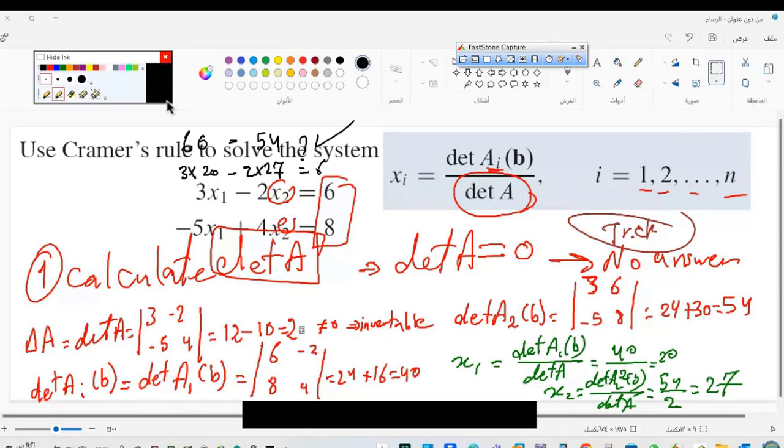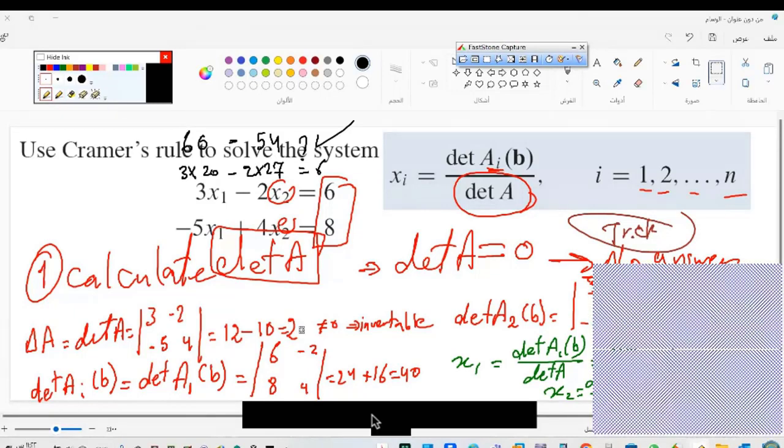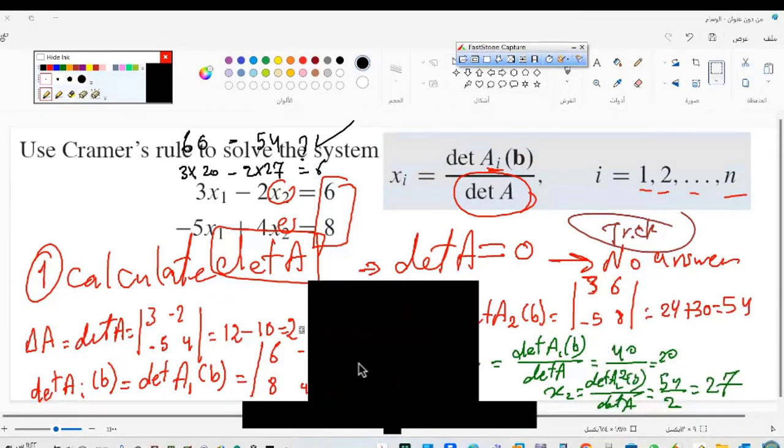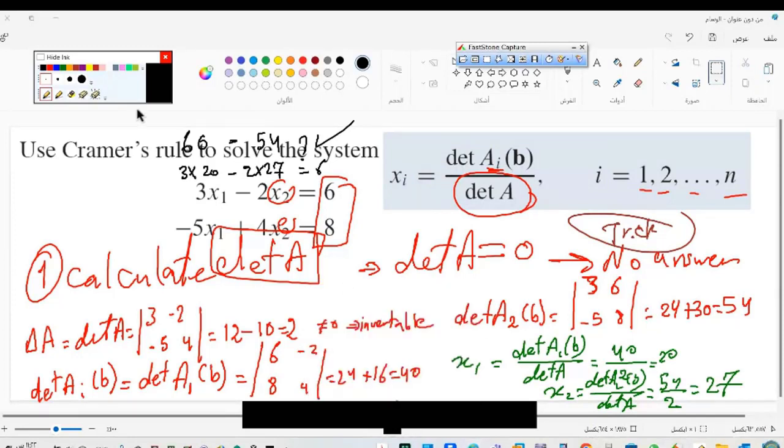Should I repeat? Okay, I will repeat just the green side. Let's cancel this one.